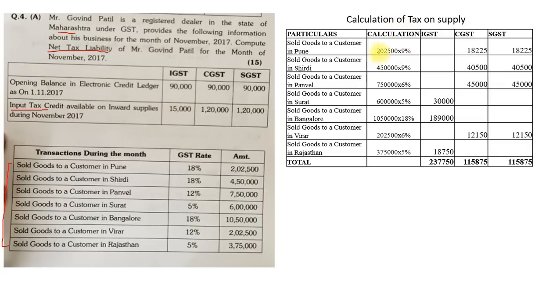We'll have particulars, calculation, IGST, CGST, and SGST. First, sold goods to a customer in Pune. Pune comes under Maharashtra, same state. So this 18% GST will be taken as 9%, half, of 2,02,500. So 2,02,500 into 9%, half goes in CGST, the other half goes in SGST.